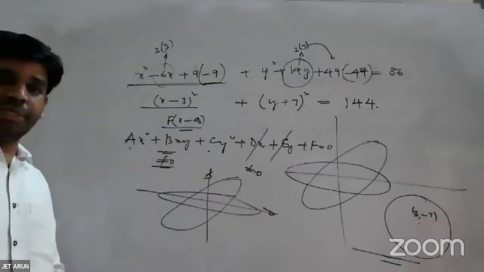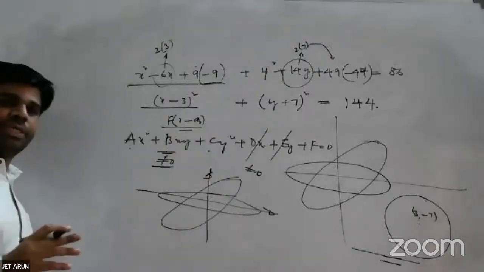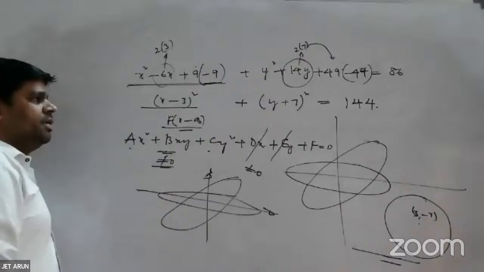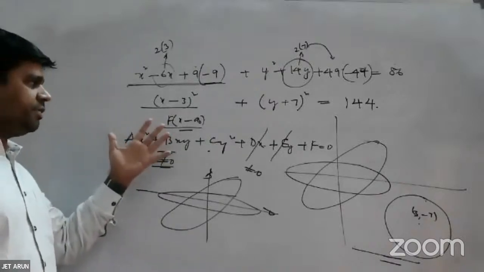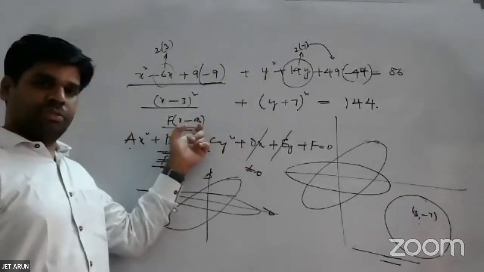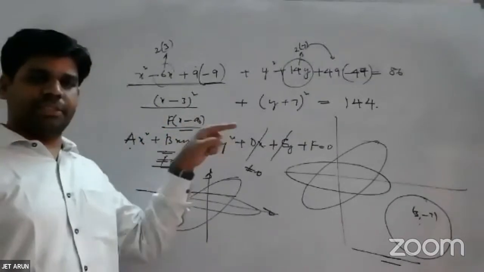I have done this very clearly in basic math. But as of now I tell you again, f of x minus a means I'll shift the graph or the curve, or whatever object I have, towards the right by a units, towards the positive x axis by a unit.